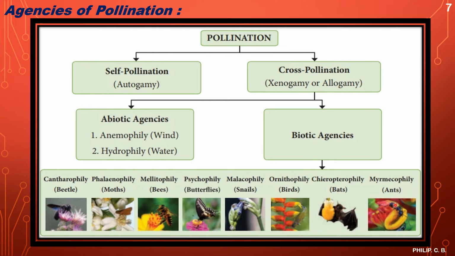Now in general, if you take wind, anemophily: anemo means wind, and hydrophily, hydro means water. The term phily means pollination, so pollination by that particular agent. Here we can see many different insects which also pollinate.